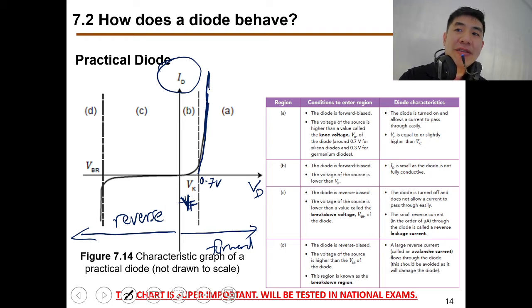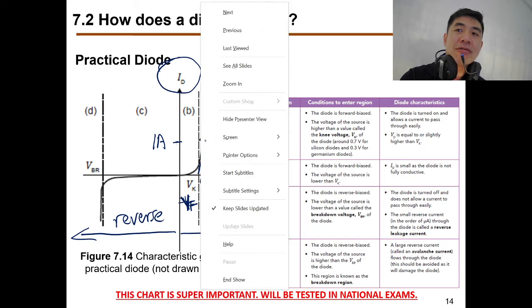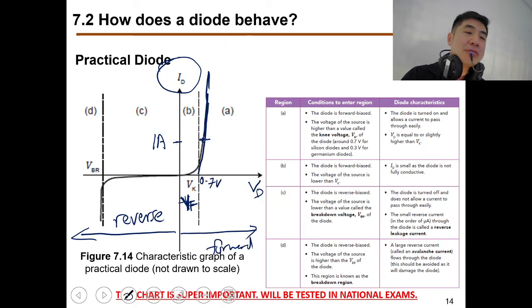So if there's 1 ampere going across the diode, it will basically be here. Don't worry about this. Basically, this graph is just telling you that after 0.7 volt in the forward bias, there is free flow of current, which means it's as good as turned on in the forward bias region.